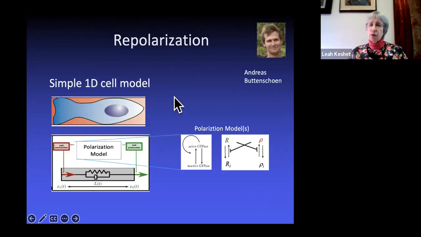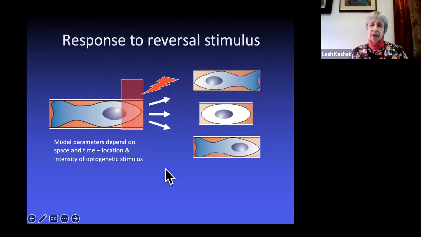And so together with former postdoc Andreas, who's now a faculty member in Amherst, Massachusetts, we looked at how to explain the cell repolarization based on the simple circuit I just described and one that's just a little bit more complicated.